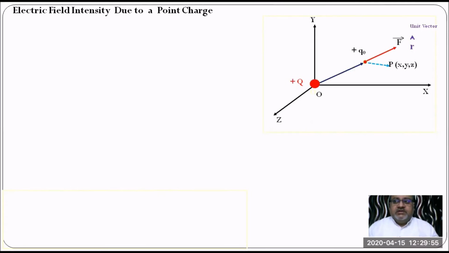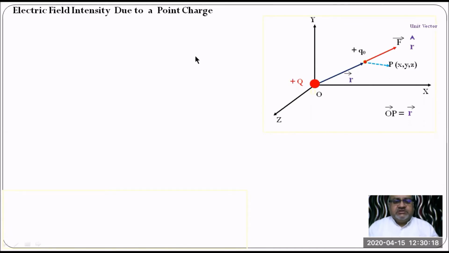Now, this is the position vector of point P from the origin, and this is R vector. So here OP is a vector, and this is given by R vector, the position vector.